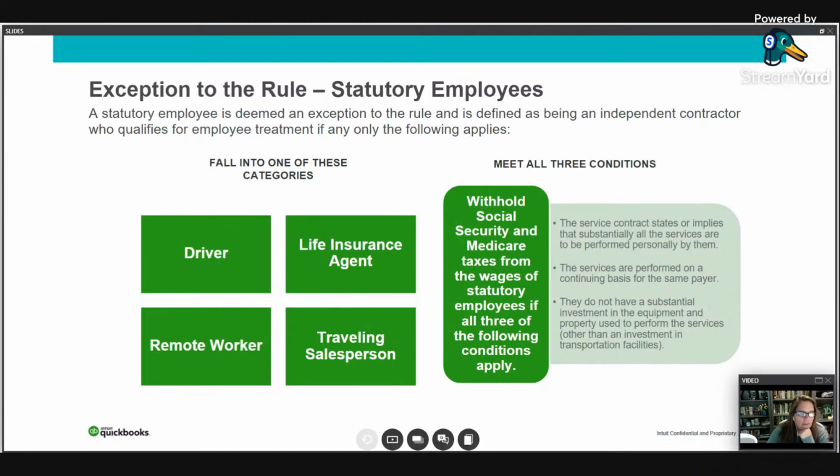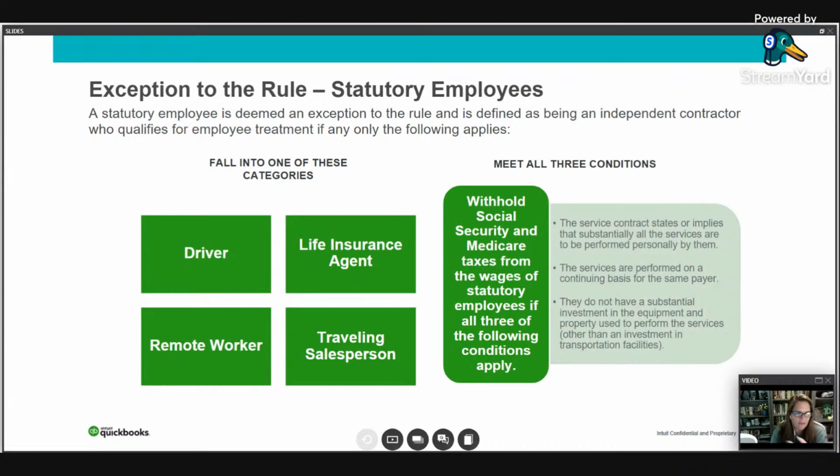When we're talking about Social Security and Medicare taxes, you are going to have to withhold Social Security and Medicare taxes from the wages of the statutory employees if all 3 of the following conditions apply. The service contract states or implies that substantially all of the services are to be performed personally by that worker.